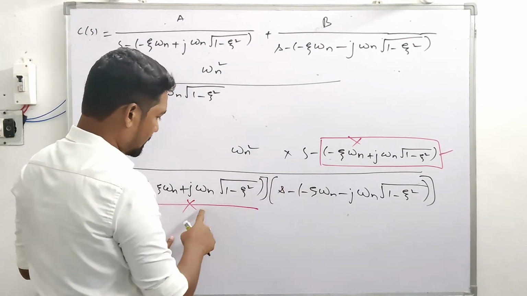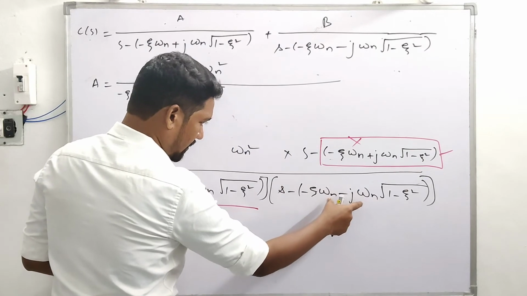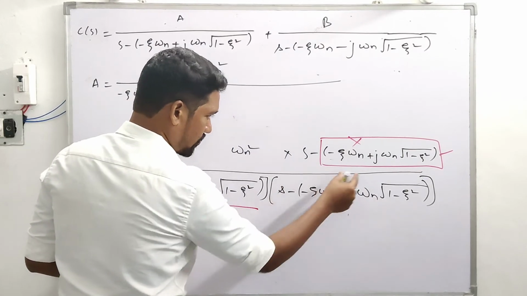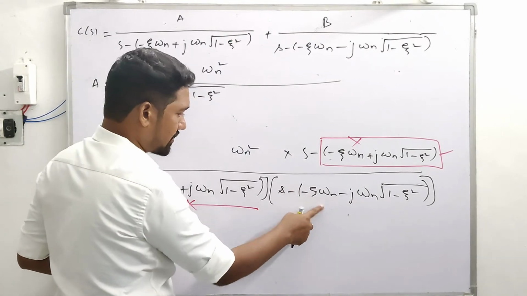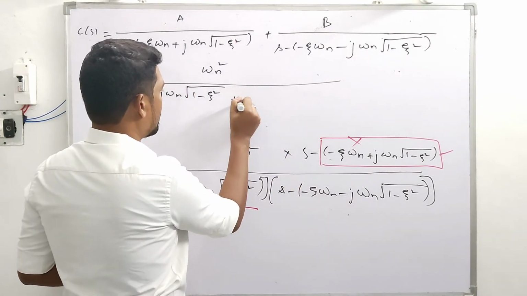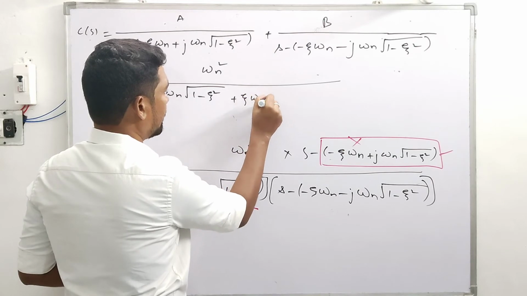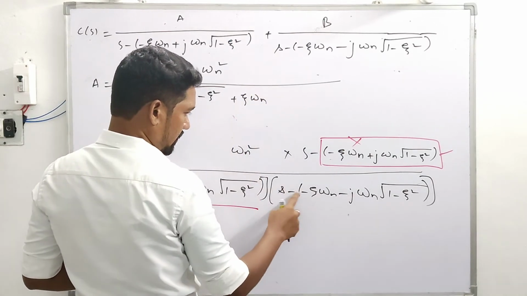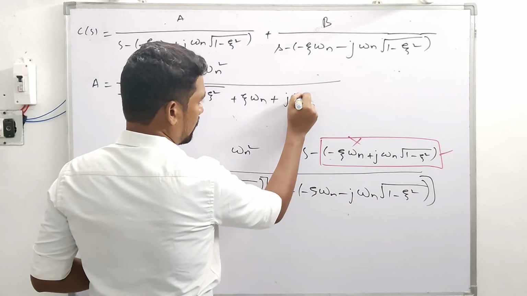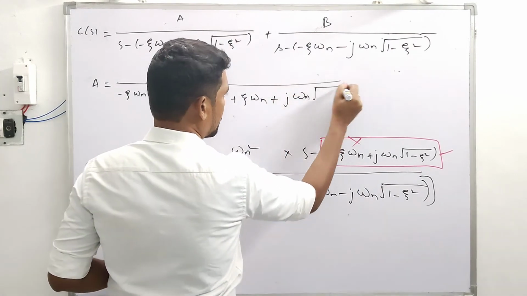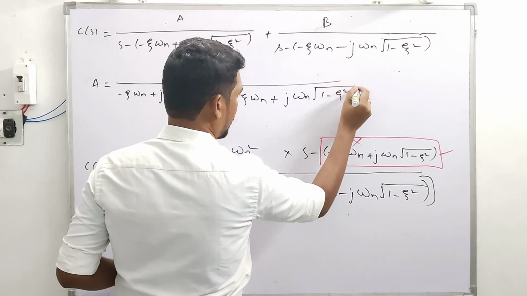All right, this got cancelled, we have this term, and in this term we have s, and s should be plugged in with this one, and this carries this, this has to be written as it is, negative into negative positive zeta omega n, and negative into negative positive j omega n into under root 1 minus zeta square.